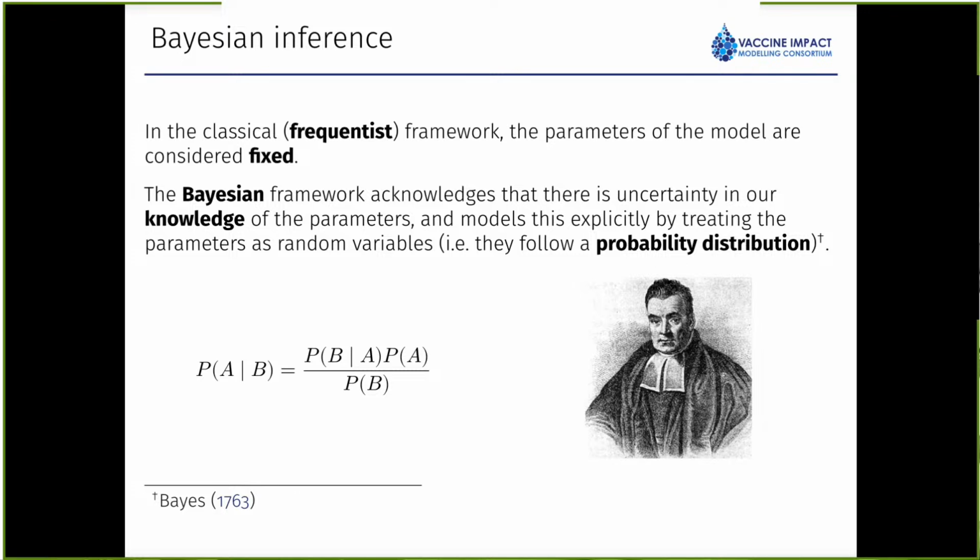So we can generate 95% probabilities that the parameter lies in a particular range, or we can generate, you know, what is the probability that R naught is bigger than 1, right? That's a question that you can't answer if you're not prepared to treat a parameter as a probability distribution. So this is the basic idea.